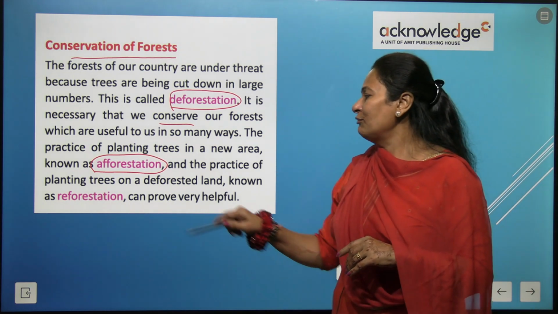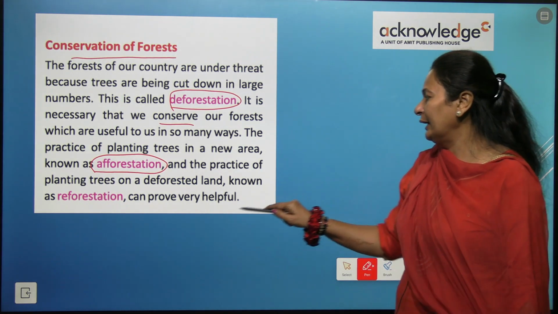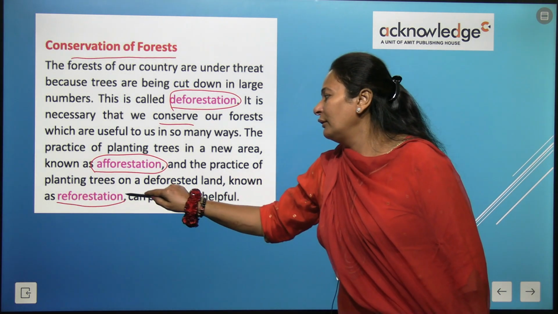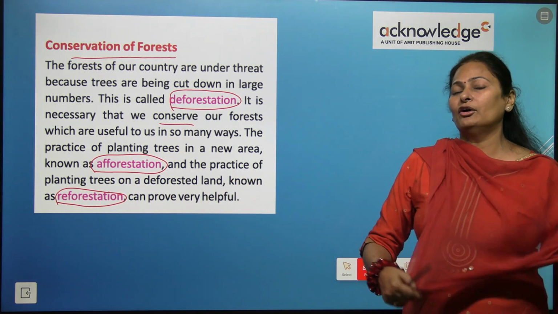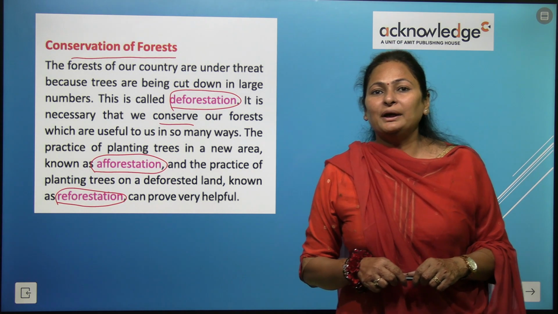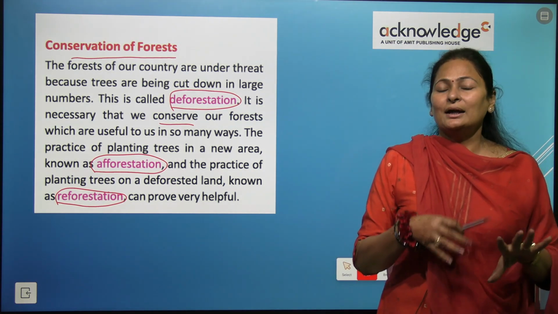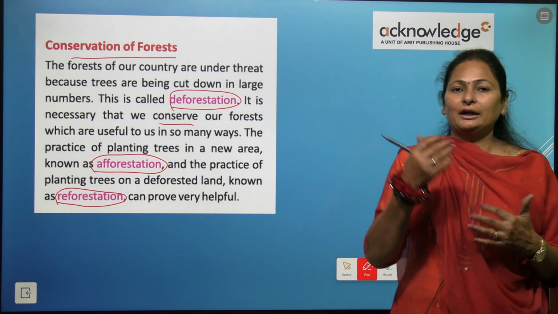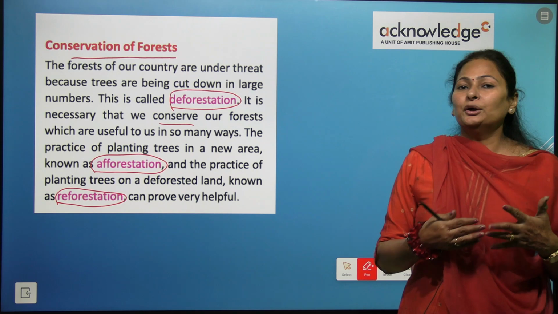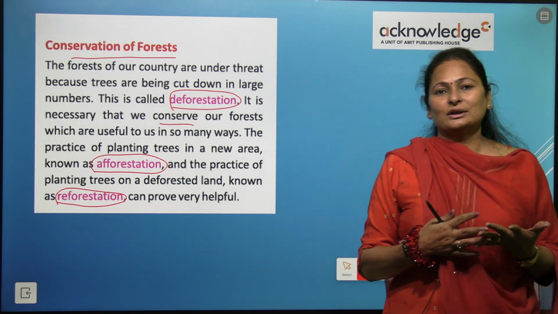And the practice of planting trees on a deforested land is called reforestation. This is the third term, reforestation, which means an area which is already deforested, where plants and trees have been cut down, but now we are growing new trees there. So this is called reforestation.